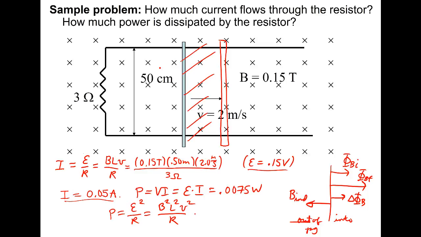So there will be an induced magnetic field coming out of the page, and if we do the right-hand rule with this, your thumb comes out of the page and the current is going to be going down through the resistor from point A to point B.